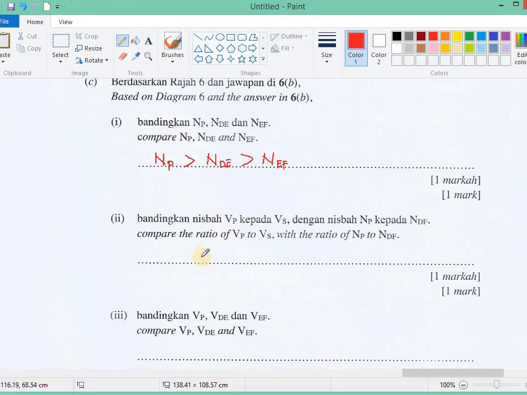So that means the ratio will be the same. All you need to do is just write same. The ratio of VP to VS is the same as the ratio of NP to NDF. Just write same. Next.